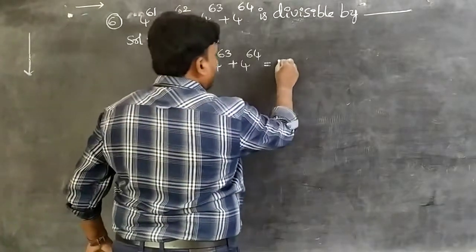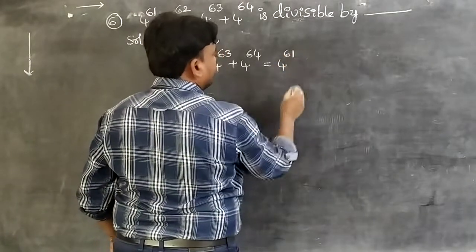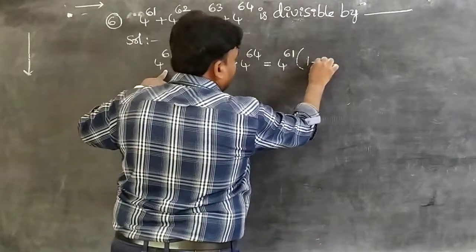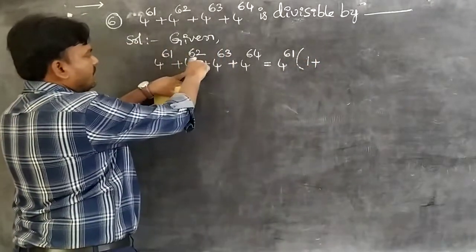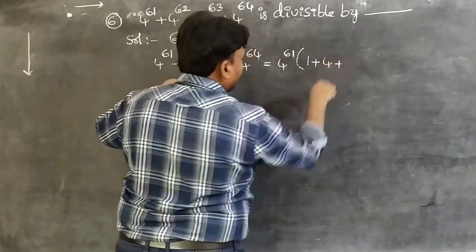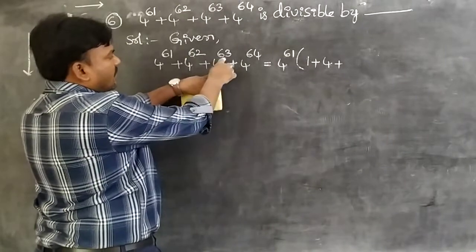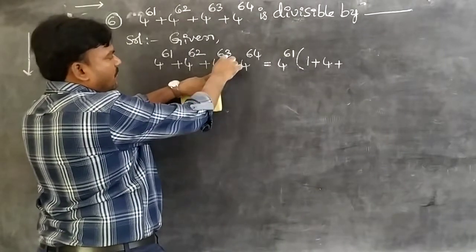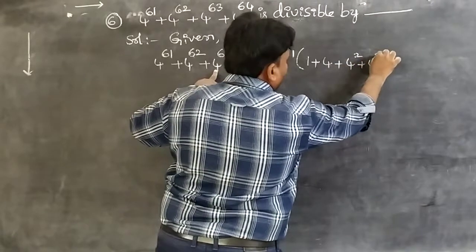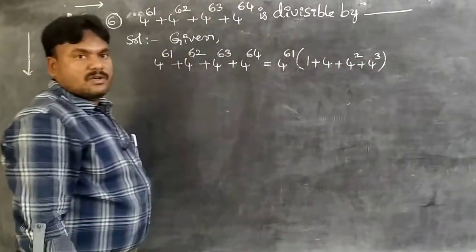So 4 power 61 of: the first one has no number, so 1, plus here 4 power 62, 4 power 1 is remaining, 4 power 1 is nothing but 4, plus. Here also 4 power 61 is the common factor, remaining 4 square, that is 4 square, plus also 4 cube. Is it clear, students, all of you?